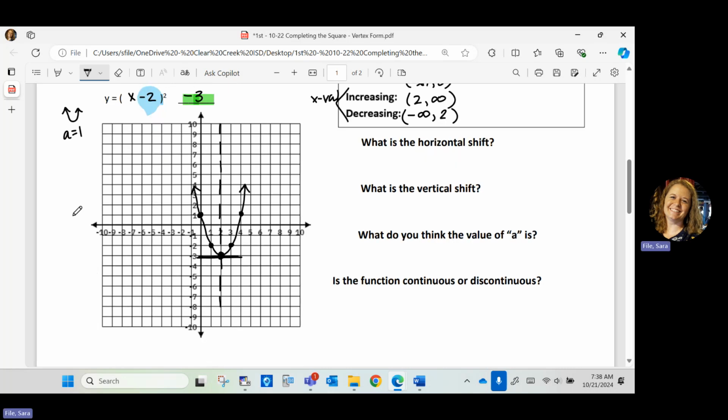Now I listed A over here already, and I know I said H and K up there when I listed the vertex, but I'll list them here as well. So the H was 2 and the K was -3. What does that mean for my horizontal shift? How did this graph shift horizontally?